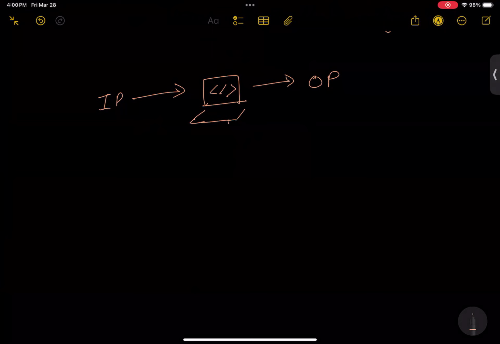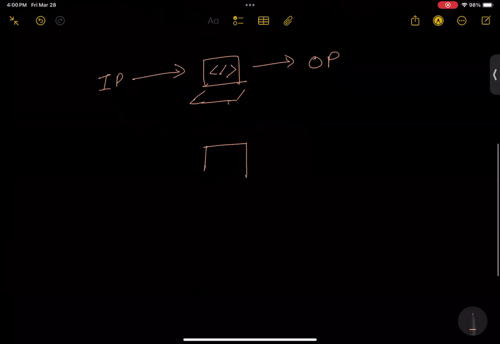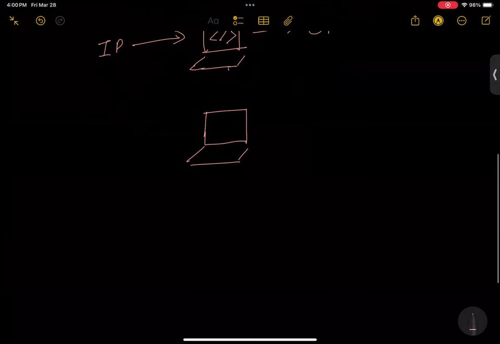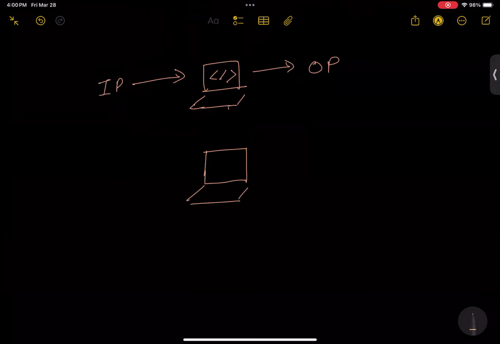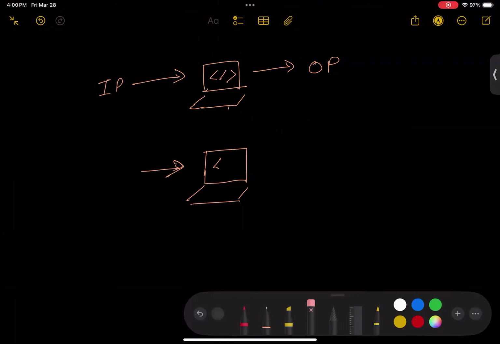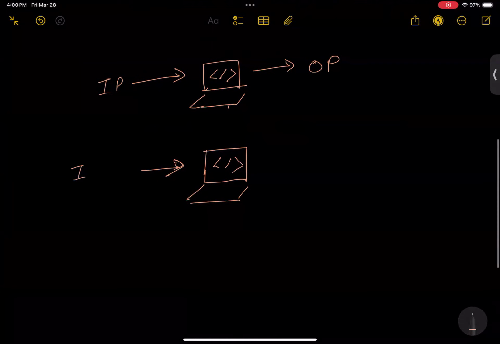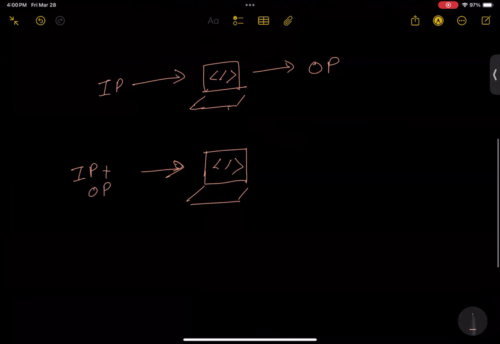The thing with artificial intelligence is that there is some algorithm running that has learning capabilities, which means we feed into the algorithm both the input and the output.